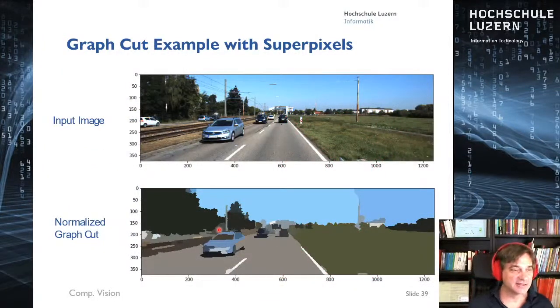So here is an example of what can be done with graph cut and the superpixels. I haven't shown the intermediate step of the superpixels that you first apply to the input image, and then on those superpixels you do the graph cut algorithm, which effectively combines those superpixel regions.